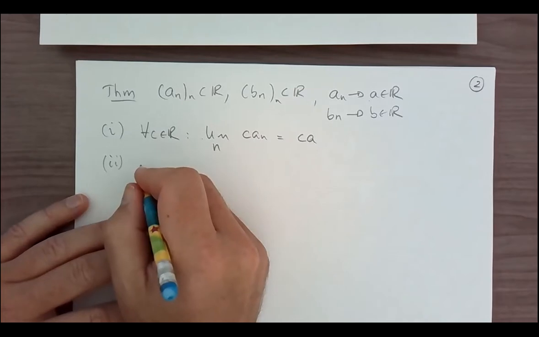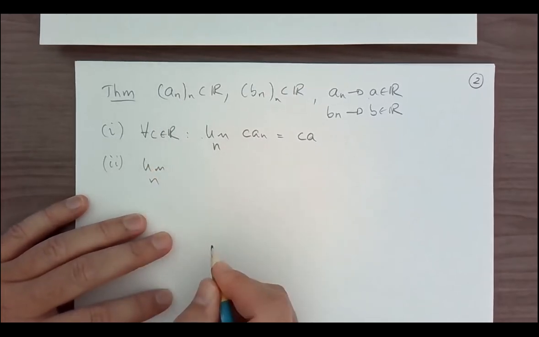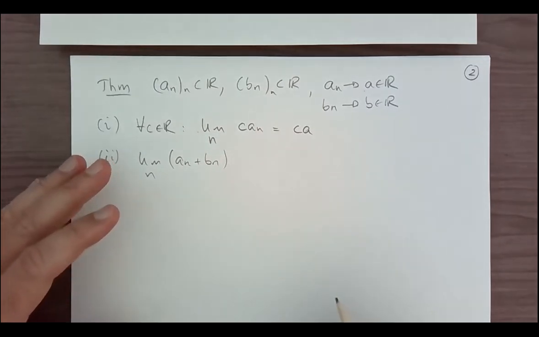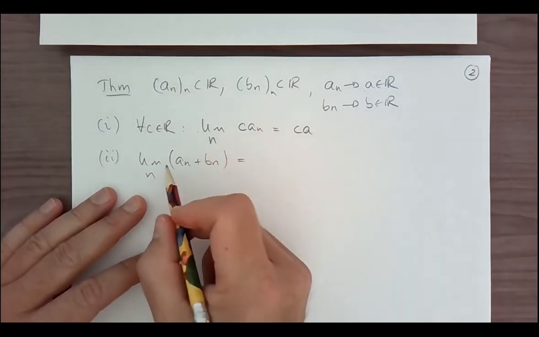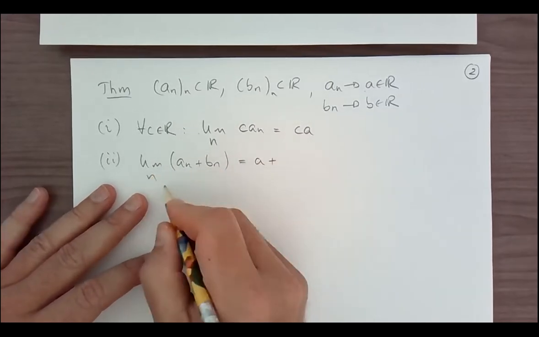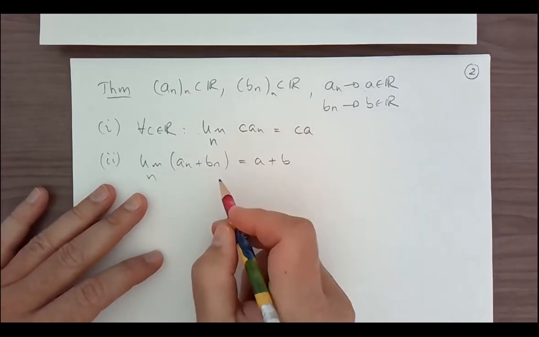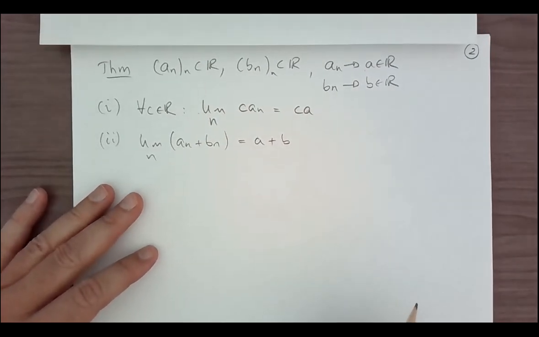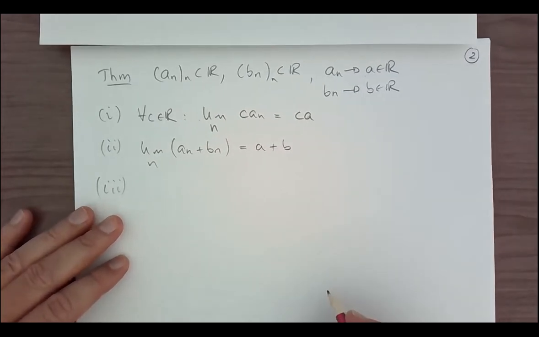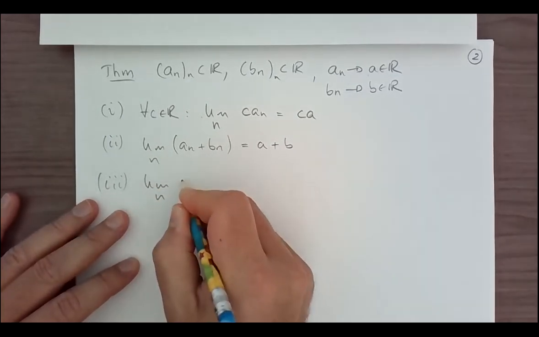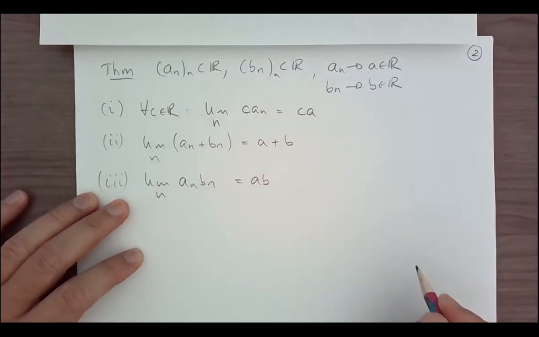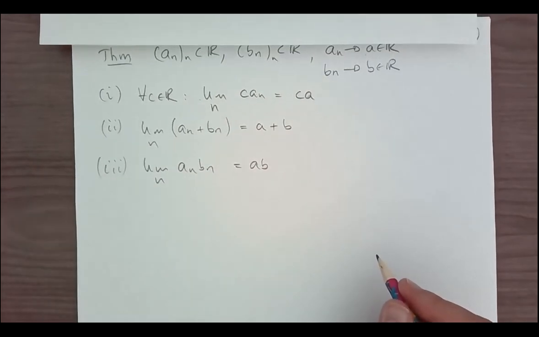If I look at the limit of an plus bn, I can split it, and this will just be the limit of an as n goes to infinity plus the limit of bn as n goes to infinity. The third one is the product: the limit of an bn has the same property, it is just going to converge to the product of the two limits.